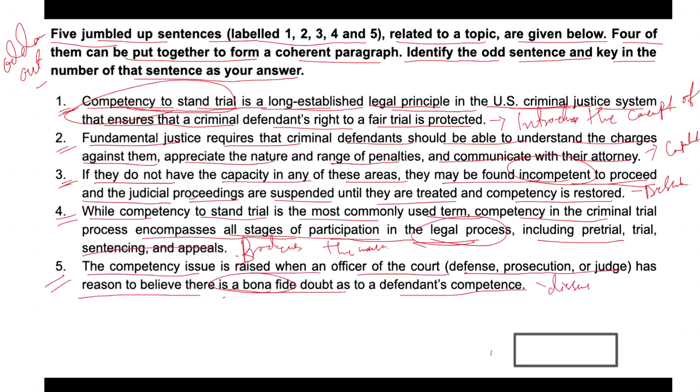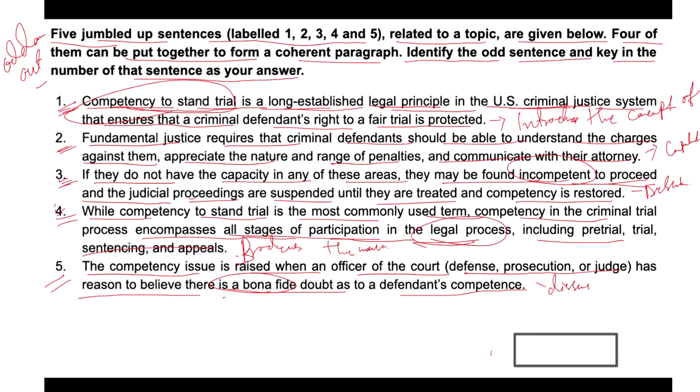So, on the basis of that, we look at sentences one, two, three, four. These are indicating competency to stand trial, and that fundamental justice requires that criminal defendants should be able to understand. Three is indicating that if they do not have the capacity, they may be found incompetent, and judicial proceedings are suspended until they are treated and competency is restored.